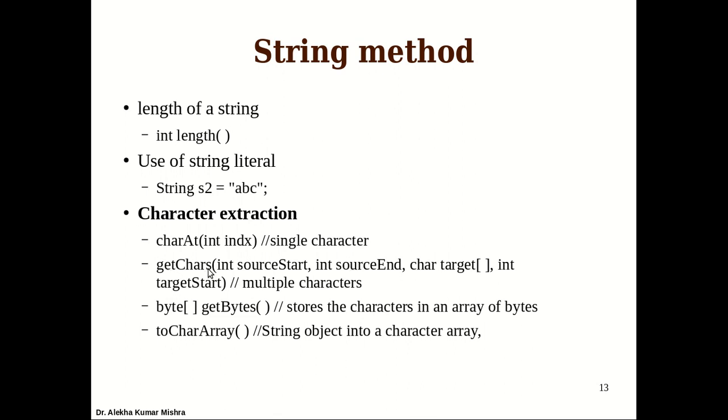So getChars will extract characters from the starting position to the end position, and when all parameters are given, multiple characters can be extracted here. Then getBytes stores the characters in byte format, in an array of bytes. So if you get the values, there will be corresponding ASCII values. With toCharArray, we can directly convert a string object into its equivalent character array.